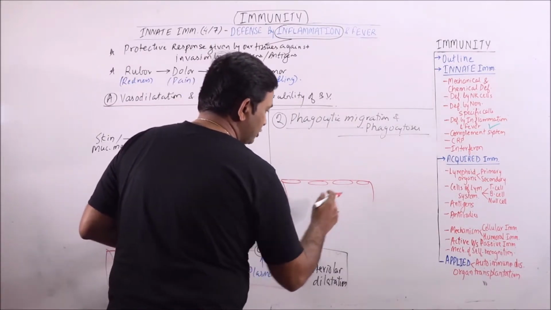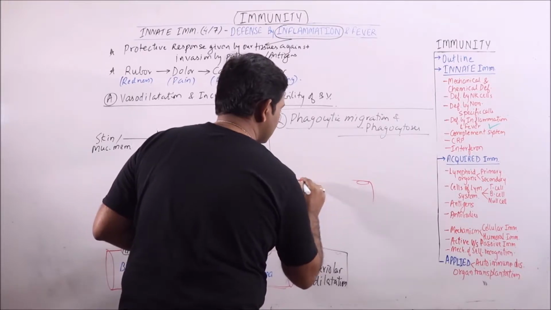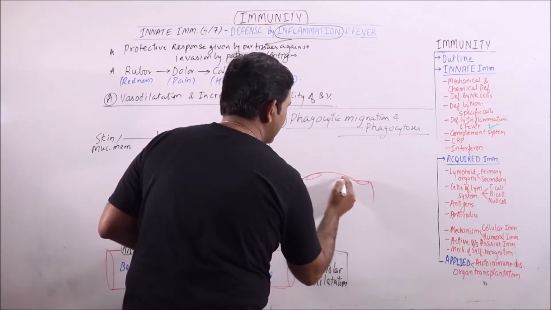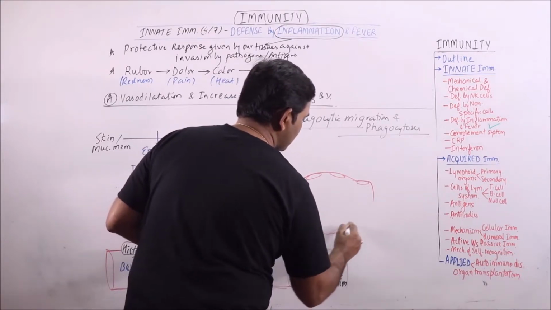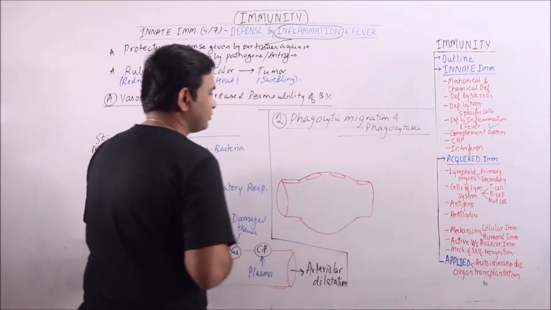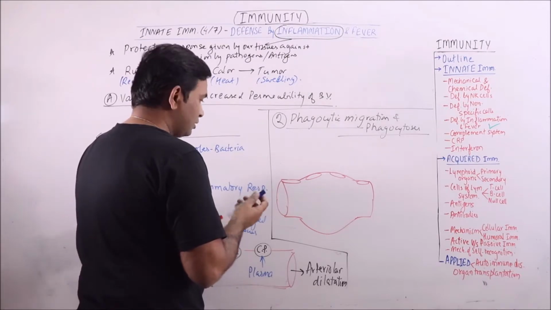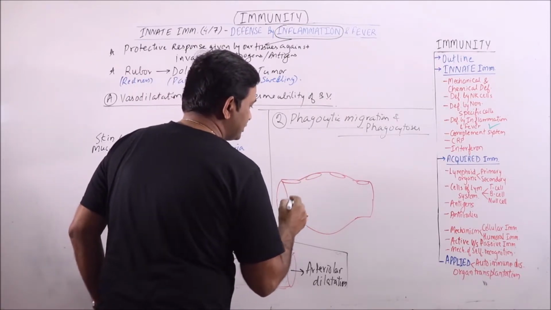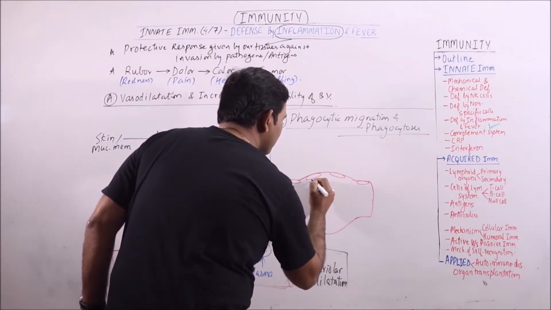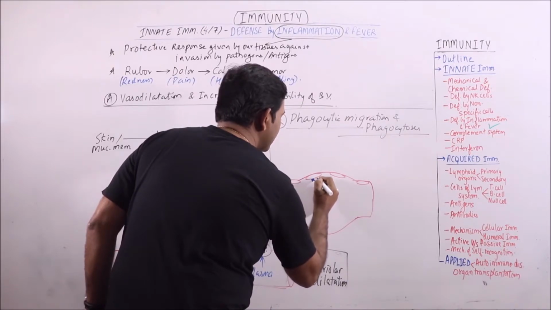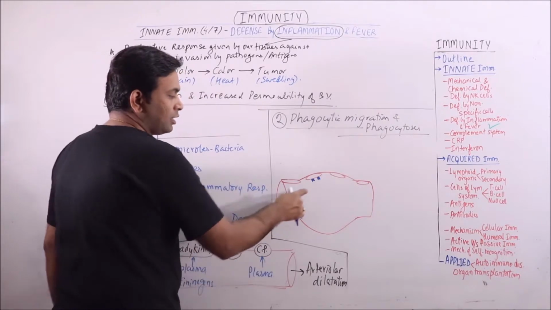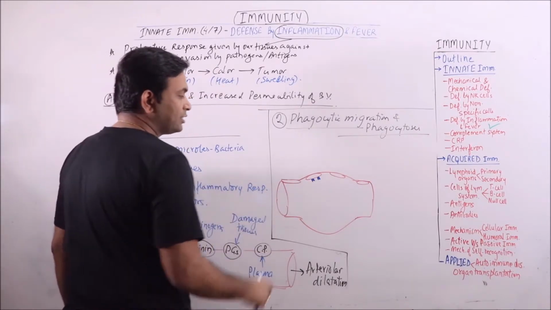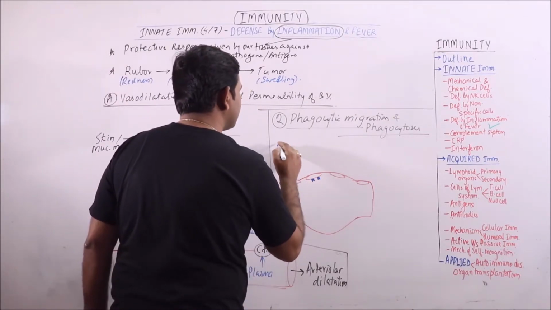So first the vasodilatation will occur and the vessel will become like this. First important change is that the endothelial cells will express adhesive molecules or adhesion molecules on their surface.